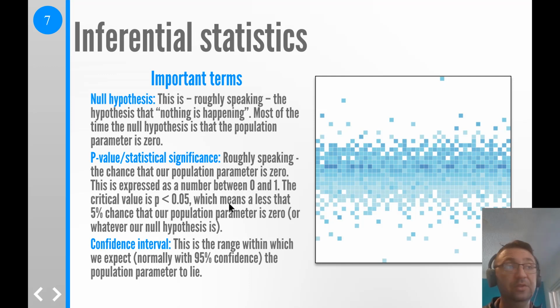We don't know whether it's 3 or 6 or 8, or even higher. But we're 95% confident, based on the tests and statistics we've calculated and the nature of the sample, that it lies between, say, 3 and 8. That's an example of a confidence interval.